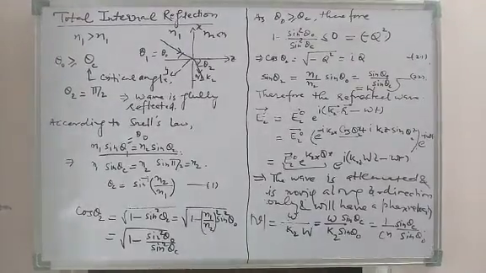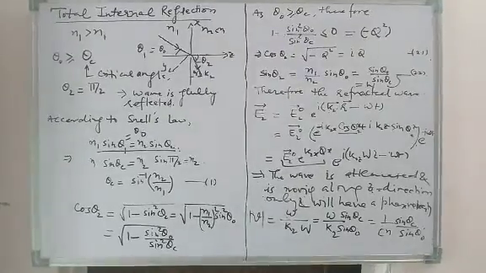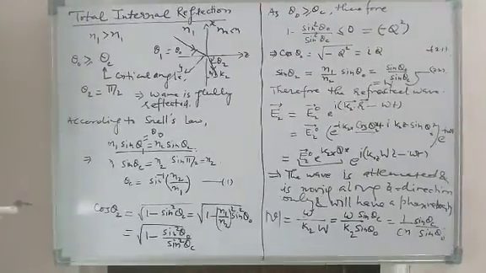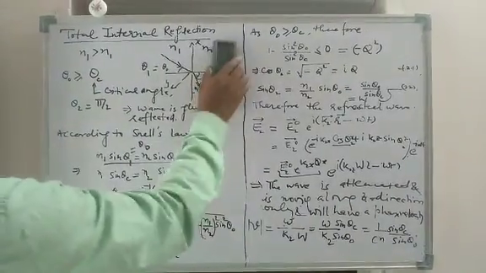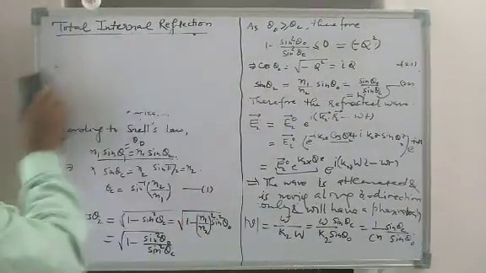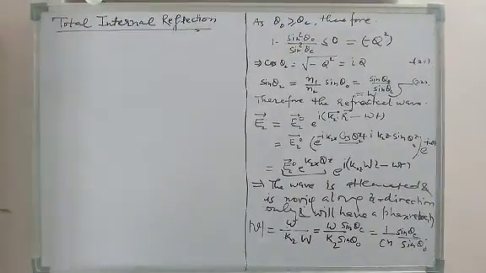Now we will try to see what should be the amplitude of the reflected wave in the two cases, that is when the electric field is perpendicular to the plane and the second case where the electric field is parallel to the plane.